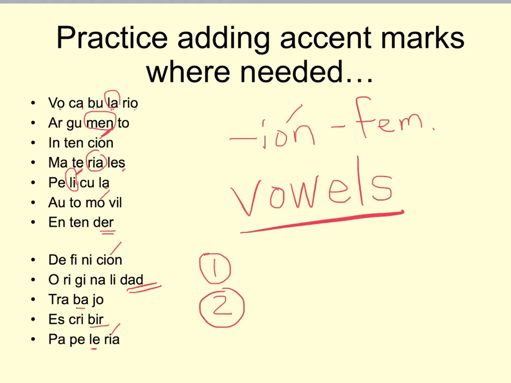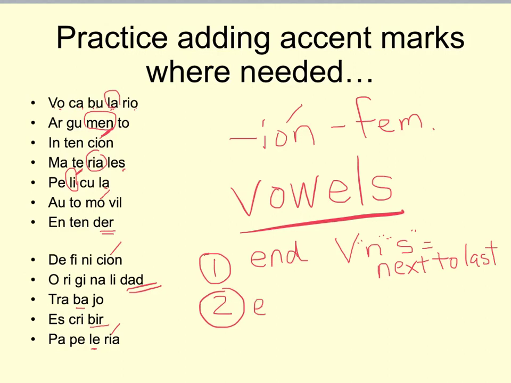The first rule is about the endings of words: a vowel, I'm going to say V for vowel, the letter N, or the letter S. Words ending in vowel, N or S should be stressed on the next to last syllable. So vowel, N or S, next to last. That's my quick way to remember the rule about pronouncing.